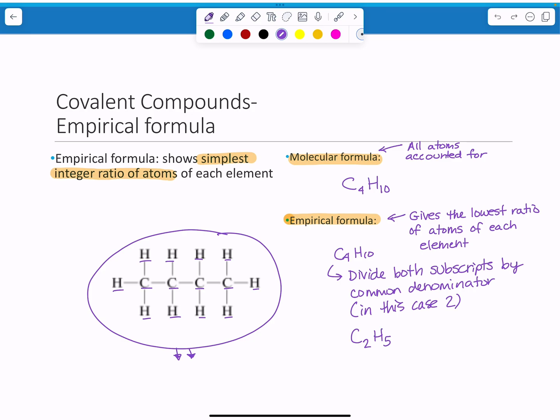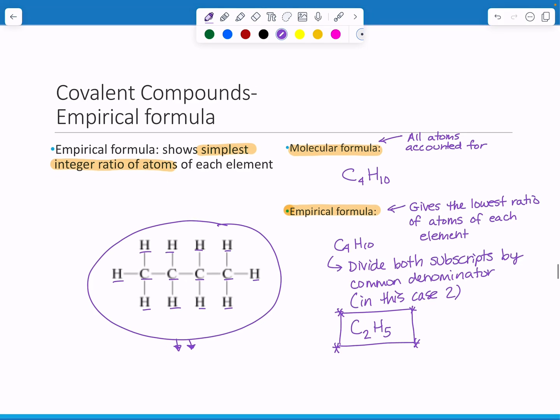Sorry. So this tells you that for every 2 carbon atoms, I have 5 hydrogens in this material. If I were to break this up into carbon and hydrogen and weigh it in the lab, that's what I would find. I wouldn't find 4 moles of carbon and 10 moles of hydrogen. It would break down into a lower ratio.